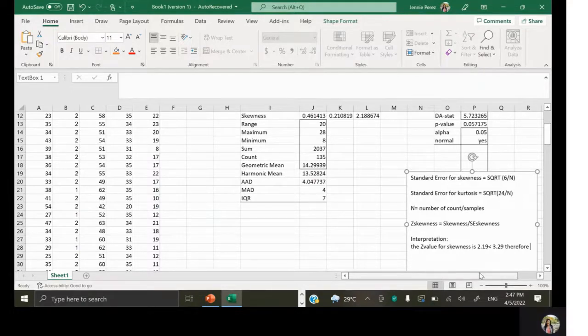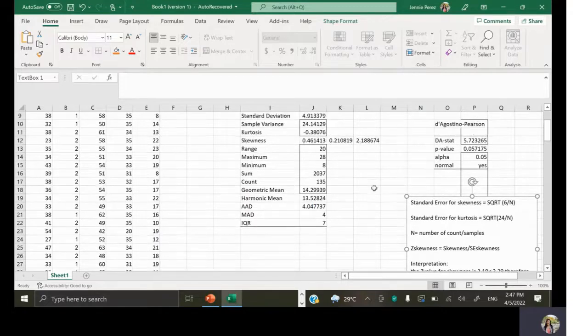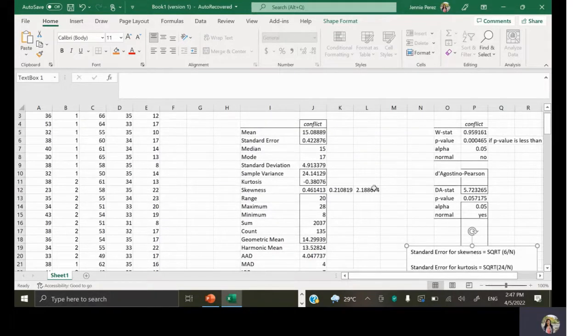Therefore, the distribution is normal. This distribution for conflict is normal. Why?